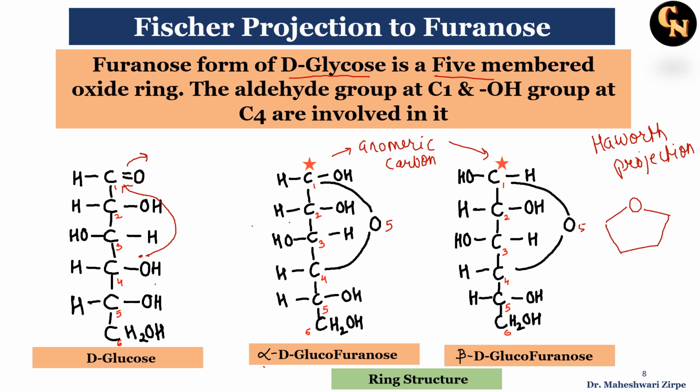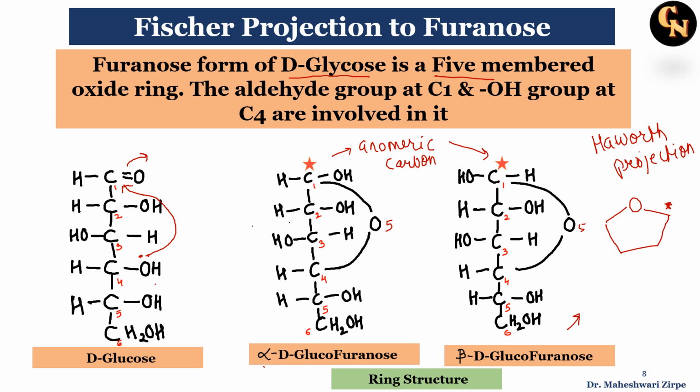Let me show one, that is beta. So this is your 1 2 3 4 and O, that is oxygen, the 5th one. Now your first carbon, whenever we are showing the anomeric carbon in the Haworth structure, it will always be on the right hand side of the chain.